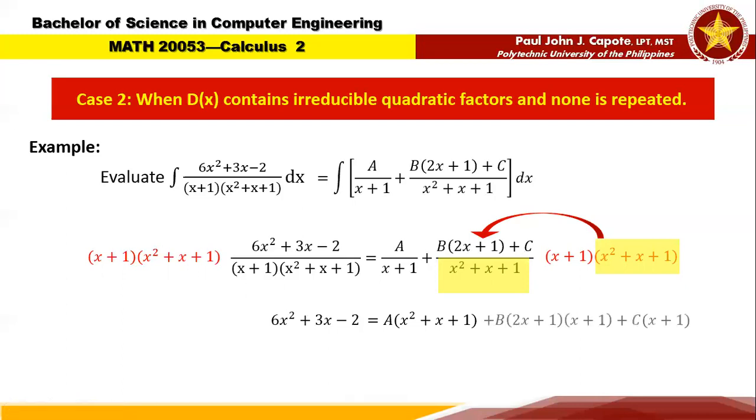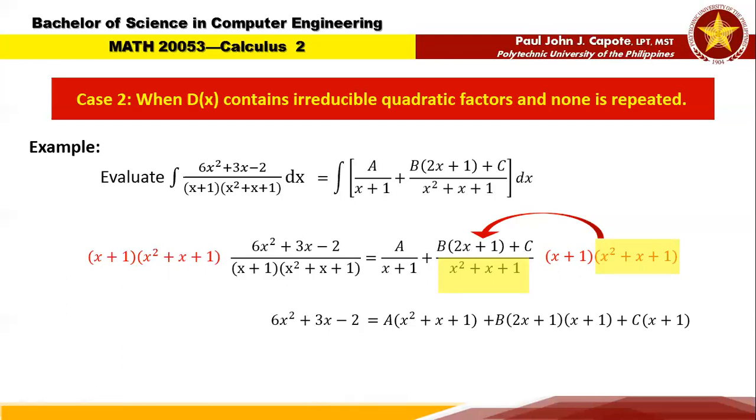And so we get this. So 6x squared plus 3x minus 2 is equal to the product of a and x squared plus x plus 1 plus the product of b and the factors 2x plus 1 and x plus 1 plus the product of c and the factor x plus 1.